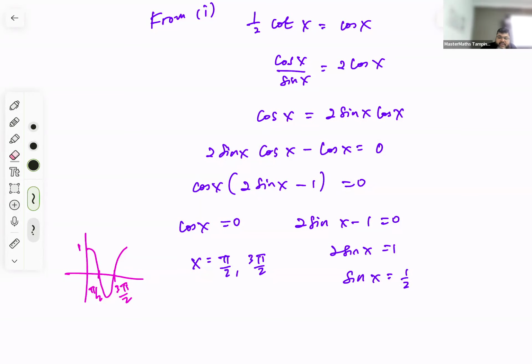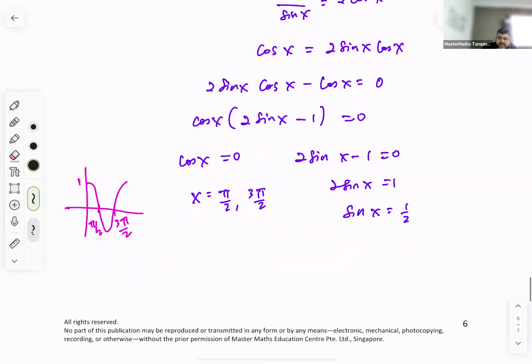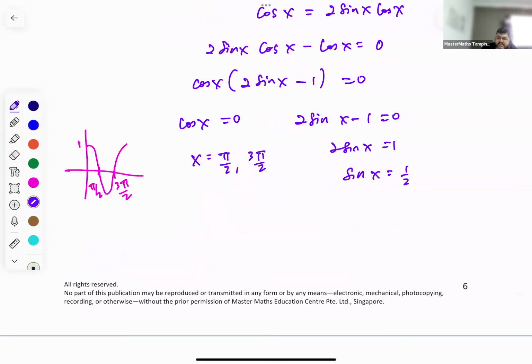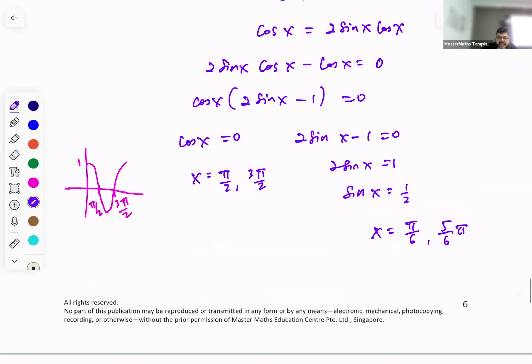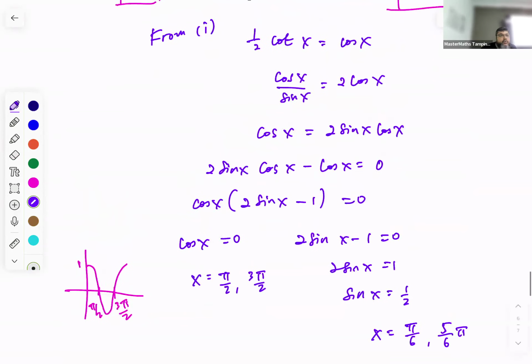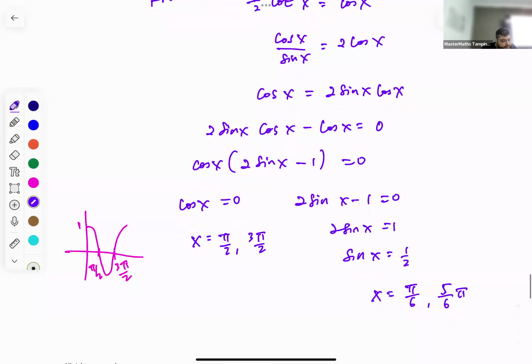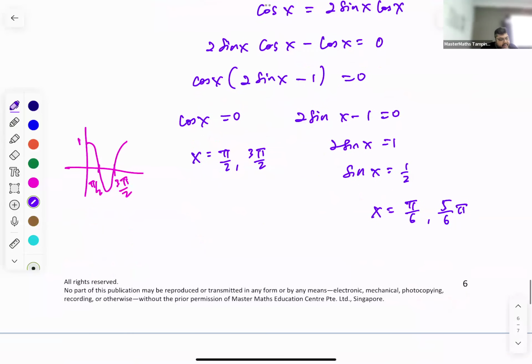Okay, but you can actually write down the thing first. So x will be, you can write down first: 30 degrees is pi over 6, and 150 is 5 over 6 pi. So the final answer, because they say only from 0 to pi, I cannot take 3 pi over 2.